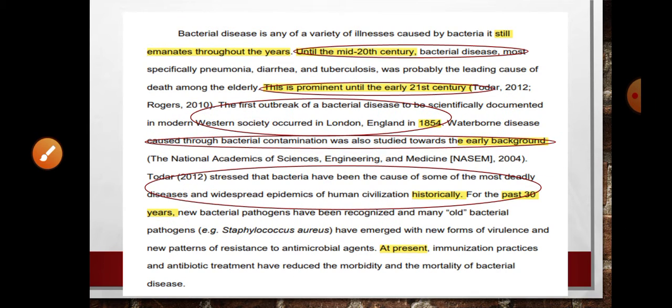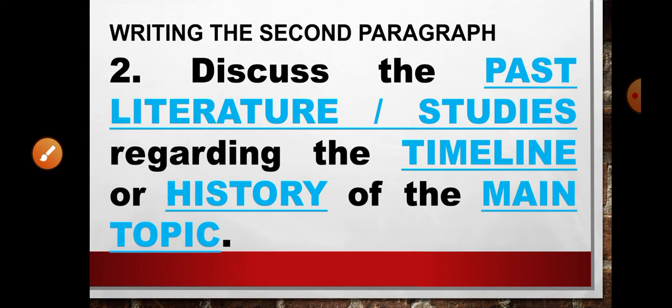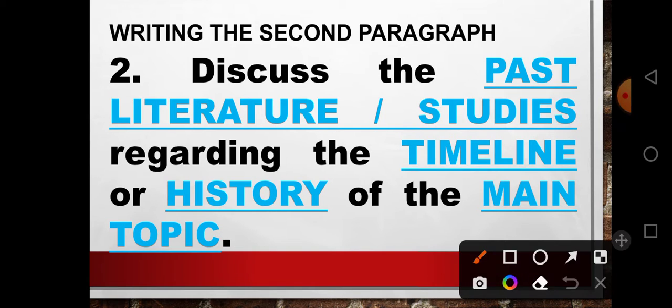With that said, our second guideline is to discuss the past literature or studies regarding the timeline or history of your main topic. And what is our main topic again? Our main topic is actually the first sentence of our second paragraph.